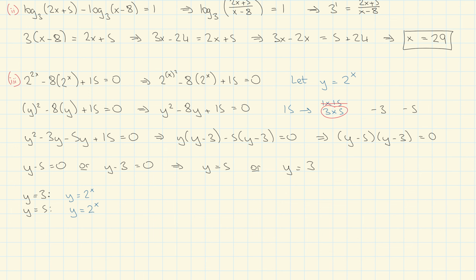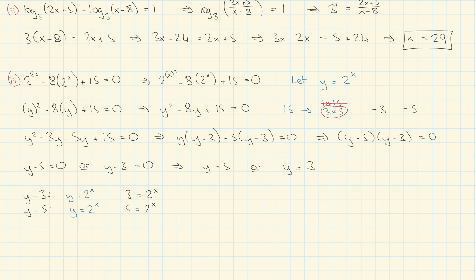So this is where our approach changes. Using the exponential equation approach, we would have 3 is equal to 2 to the power of x, and 5 equals 2 to the power of x. So if we look at both of these left-hand side parts, we cannot rewrite them in terms of 2 to the power of something.